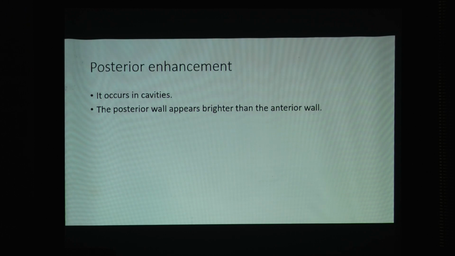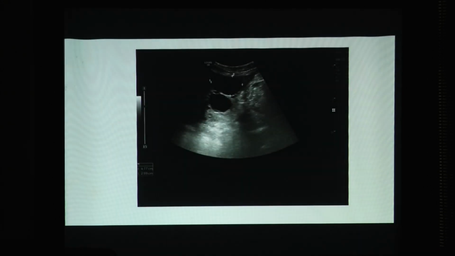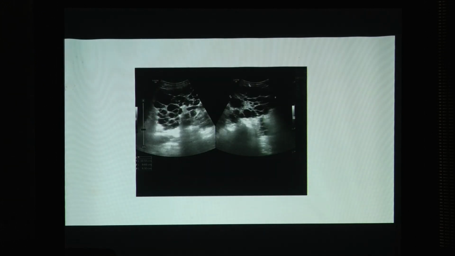Posterior enhancement occurs in cavities. The posterior wall appears brighter than the anterior wall. So this is a liver cyst, two cysts in the liver with posterior enhancement. Then there can be multiple cysts replacing the kidneys, as in adult polycystic kidney disease.